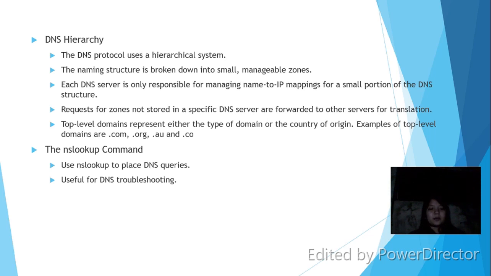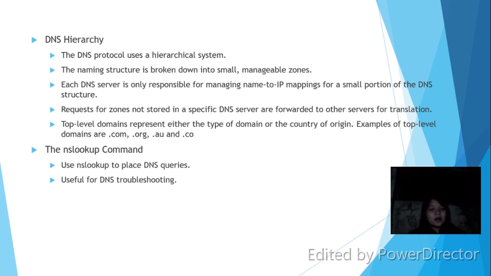Top-level domain represents either the type of domain or the country of origin. Examples of top-level domains are .com, .org, .au, and .co. We can see this in the addresses. It's like the file extension, like www.cisco.com.